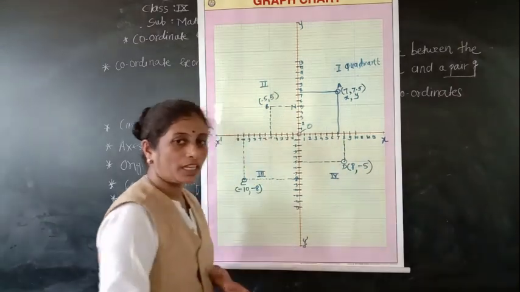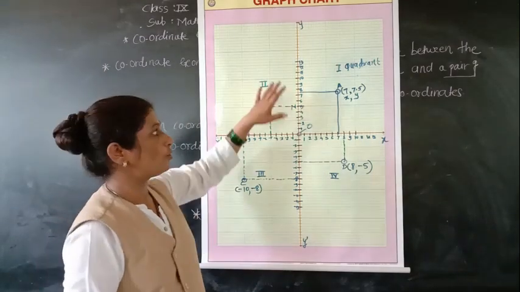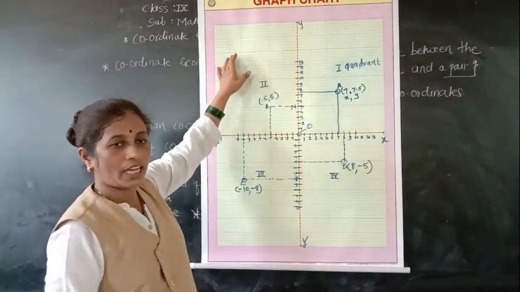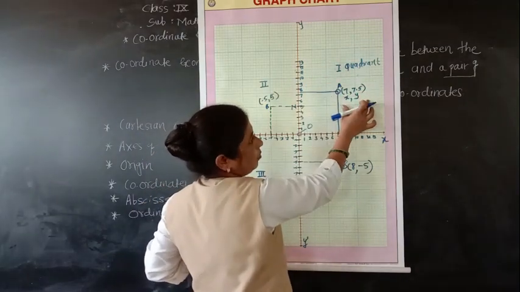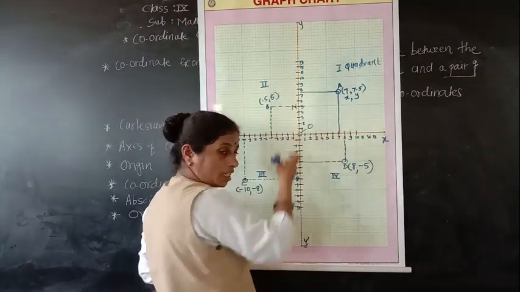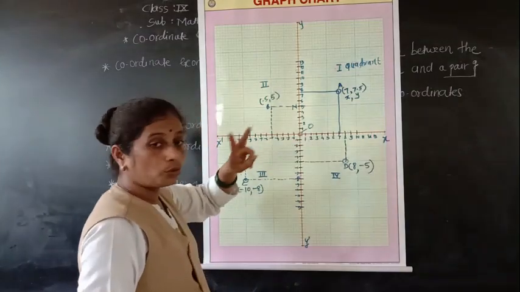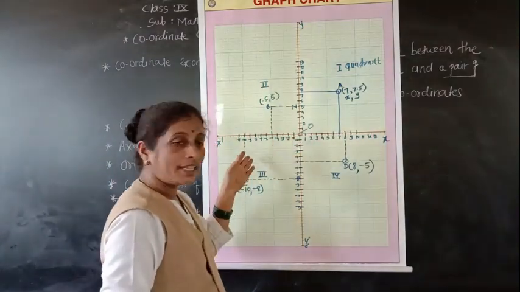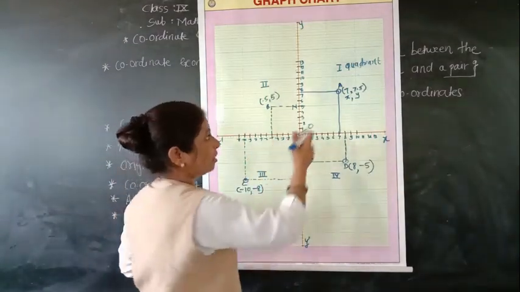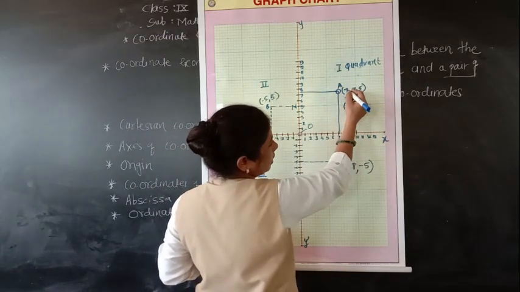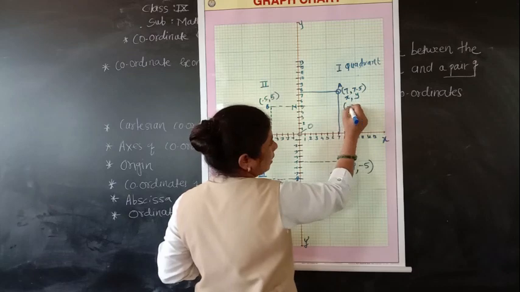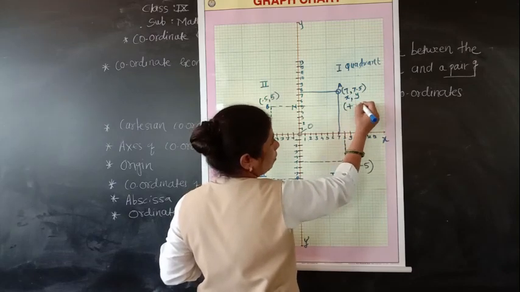Now we will see the signs. The rule to give the sign: this plane has two types of numbers, positive and negative. In the first quadrant, the sign for the x point is positive and y is also positive.